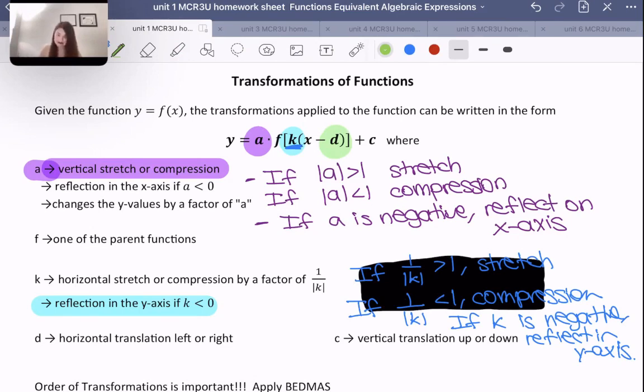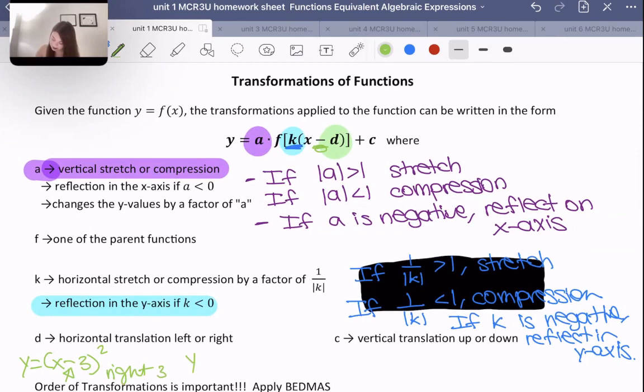However, this is also the opposite of what we might think it would be, because you might notice there's already a negative sign here. So if you see, for example, y equals x minus 3 squared, well, this negative sign is already part of our equation. So this 3 is actually a positive 3, so we're actually going right here. We go right 3, right?